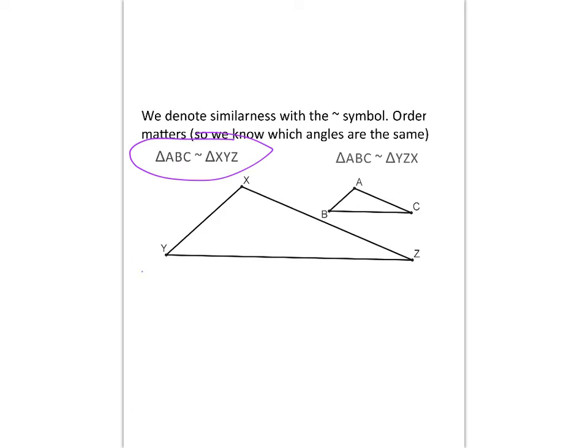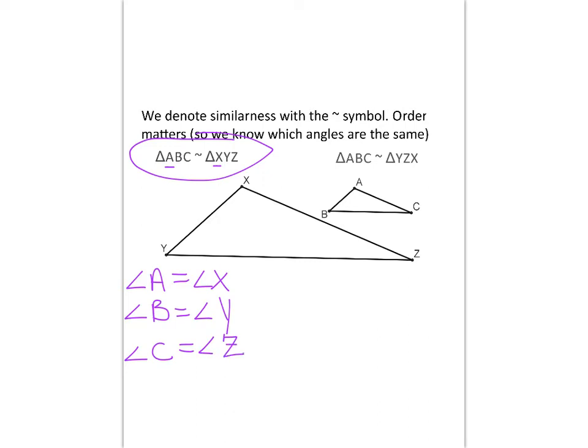This tells me that angle A, the first one listed, is the same as the first one listed on the second one, so it's equal to angle X. Then the second angle listed, angle B, would be equal to the second one on the second triangle, angle Y, and angle C would be equal to angle Z.